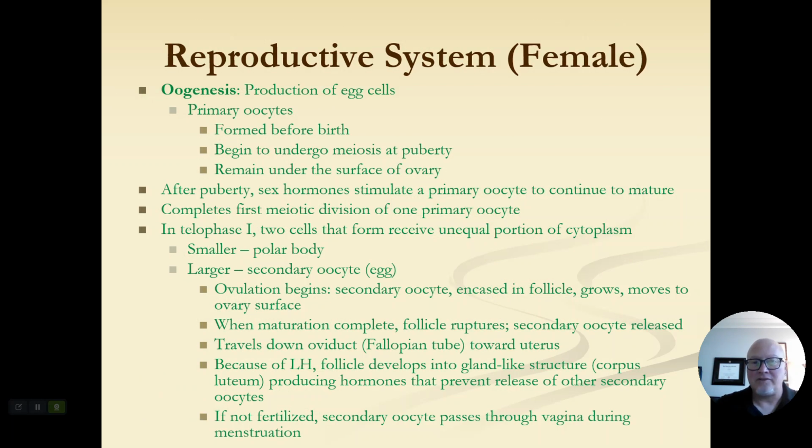Now with females, egg production does not happen throughout life. Most of the primary oocytes are actually in place before birth even. They just have to mature. Whenever you have gametogenesis happening in females, you're only going to have one egg produced and then 3 polar bodies.